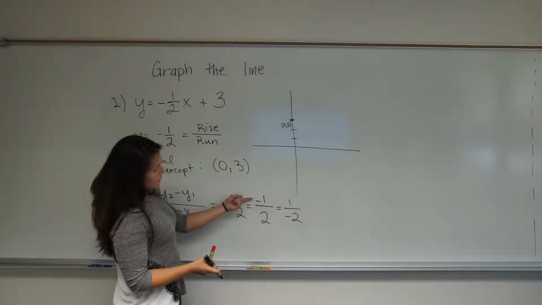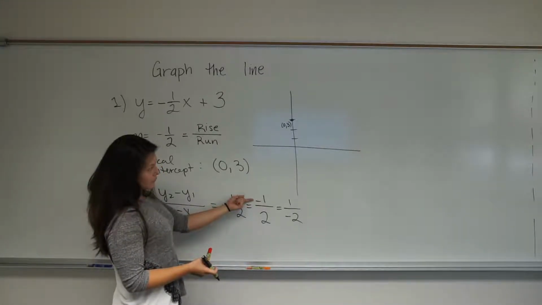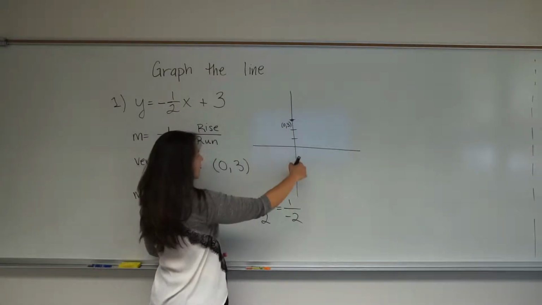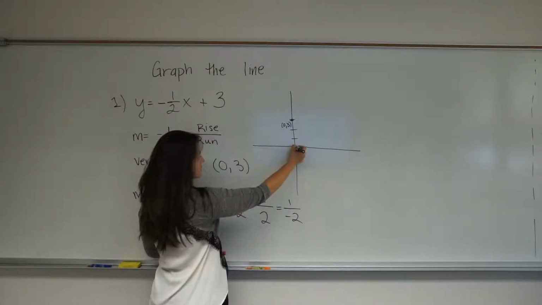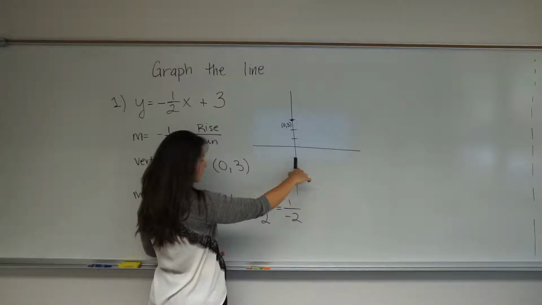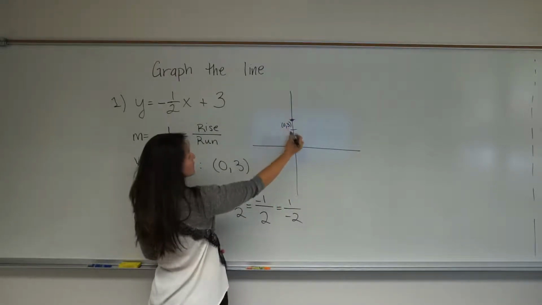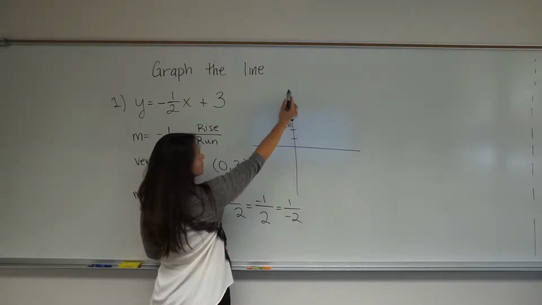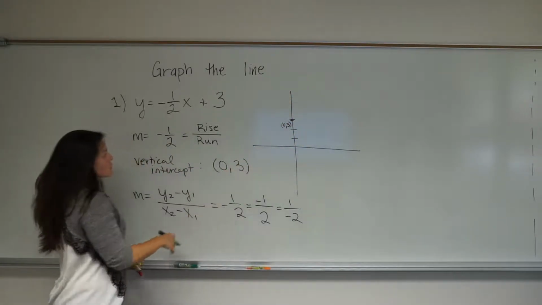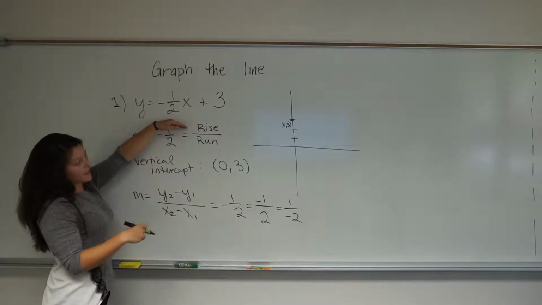If your numerator, if your rise is negative, think about your vertical axis here. If your y values are negative, then you're going down, into the negatives. If your y values are positive, and you're getting more and more positive, you're going to move up. So your rise is whether you're going up or down.